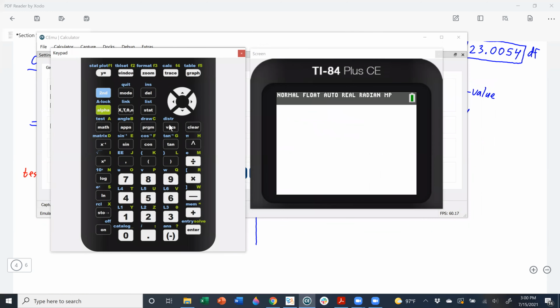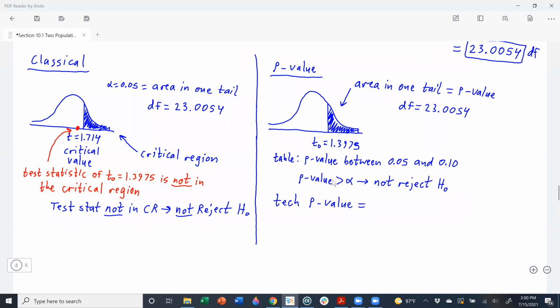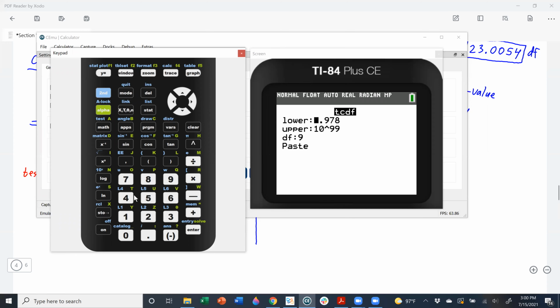So I'm going to go second vars, and we want the t distribution, and I want the cumulative t distribution. So TCDF, the t cumulative distribution function. Okay, for the lower, I want that critical value. And so 1.3975.